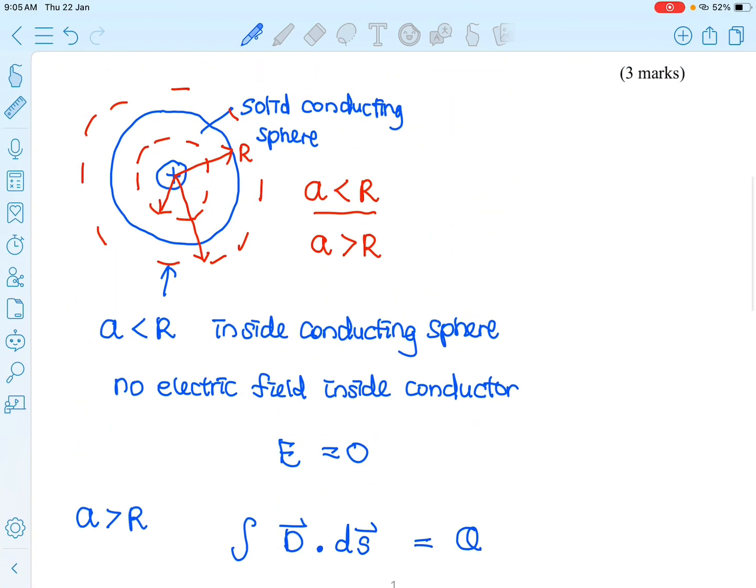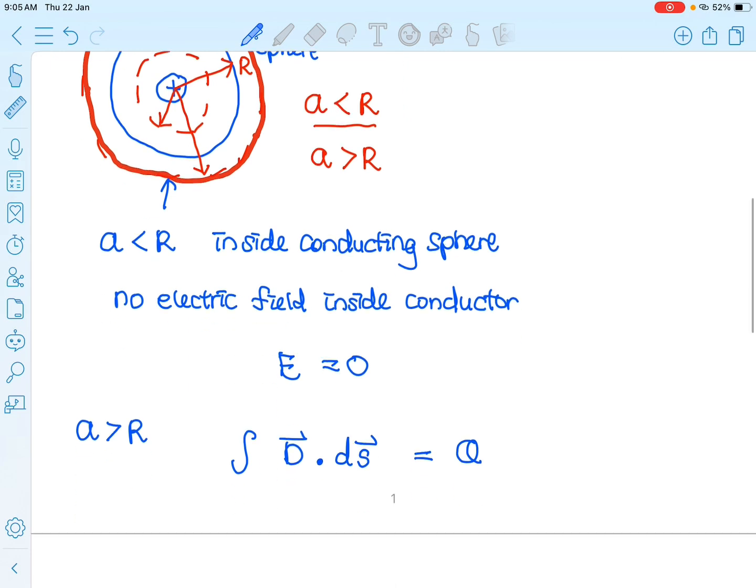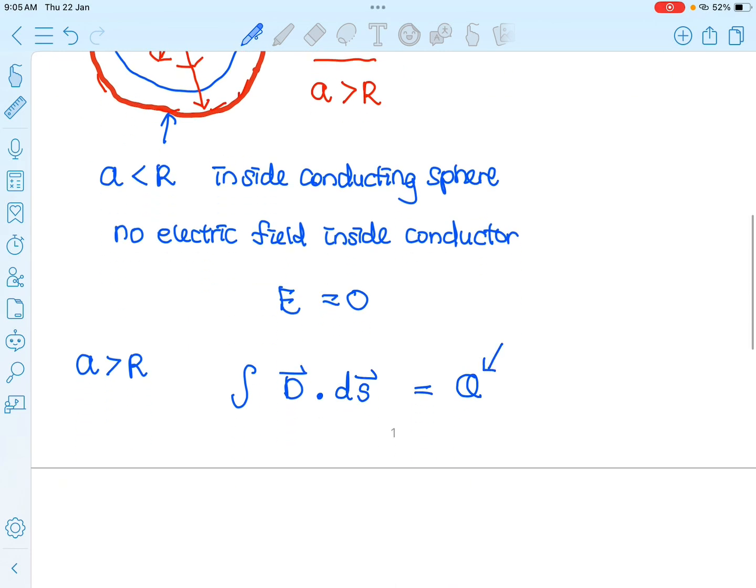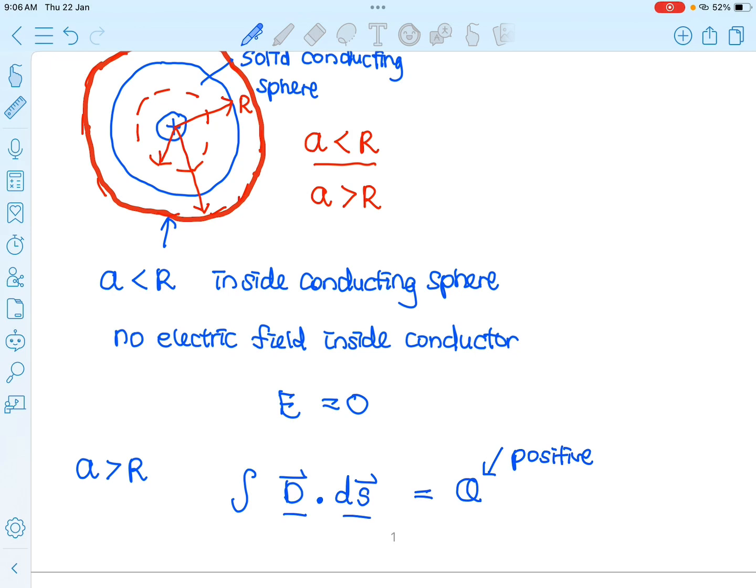You can see this Gaussian surface, the red one, enclosing one charge, which is the positive charge at the center. Over here will be the flux coming out from the Gaussian surface.